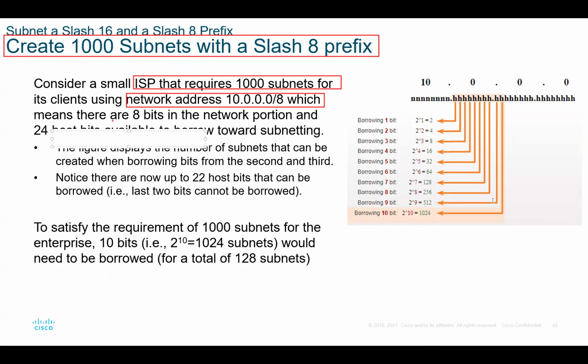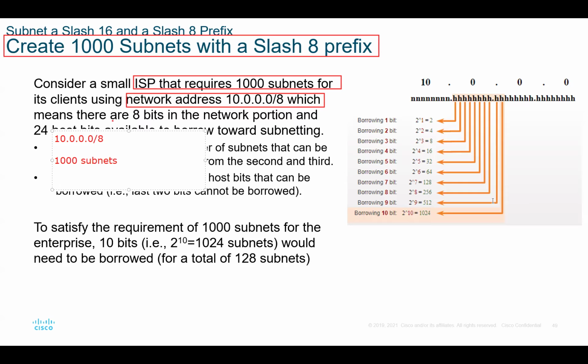So here we need 1000. First of all, our address is 10.0.0.0/8. So we need 1000 subnets. We ask ourselves, how many bits will we borrow?